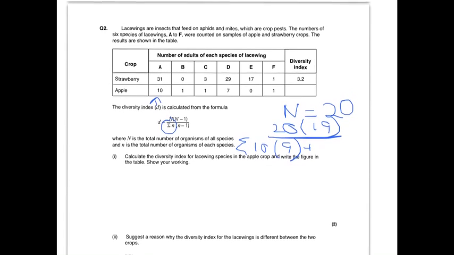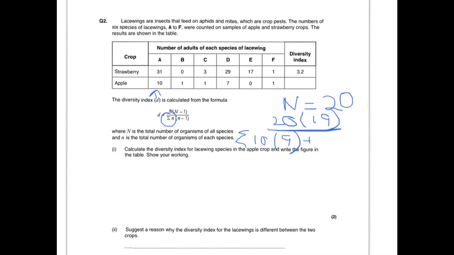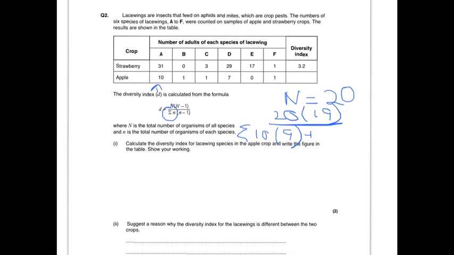1 times 0, because 1 minus 1 will be 0, plus 1 times 0, plus 7 times 6, plus 0 times 0 minus 1 is minus 1, plus 1 times 0.